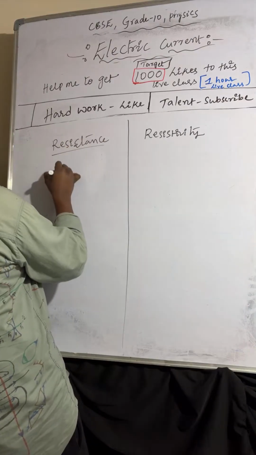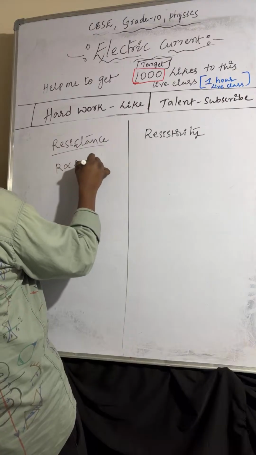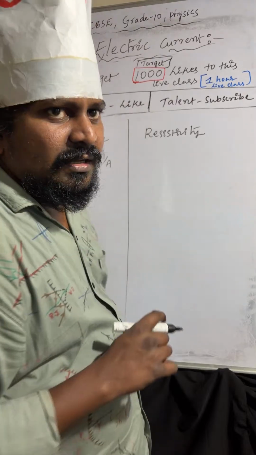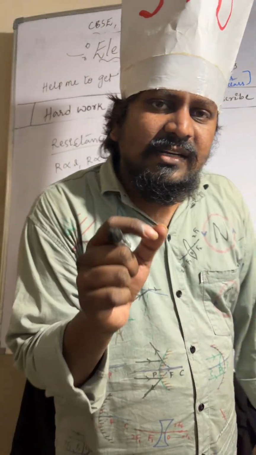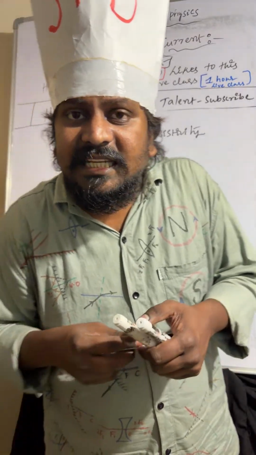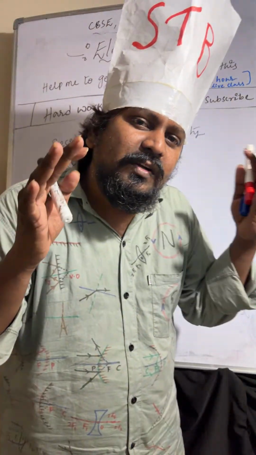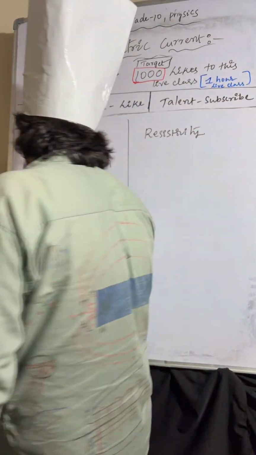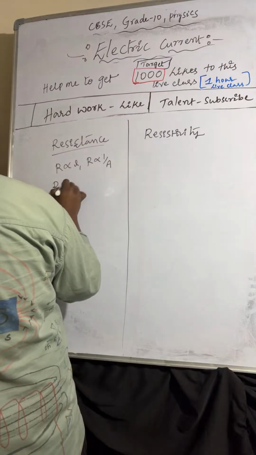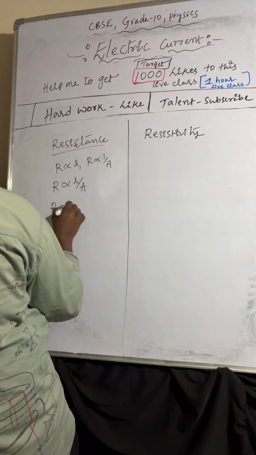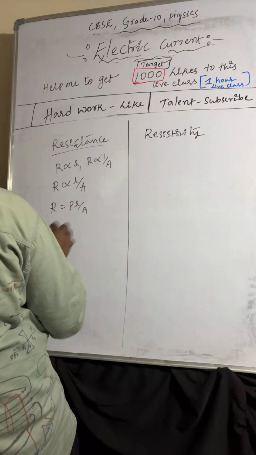You can see R is directly proportional to L, and R is inversely proportional to the area of cross-section A. So R equals rho into L by A.